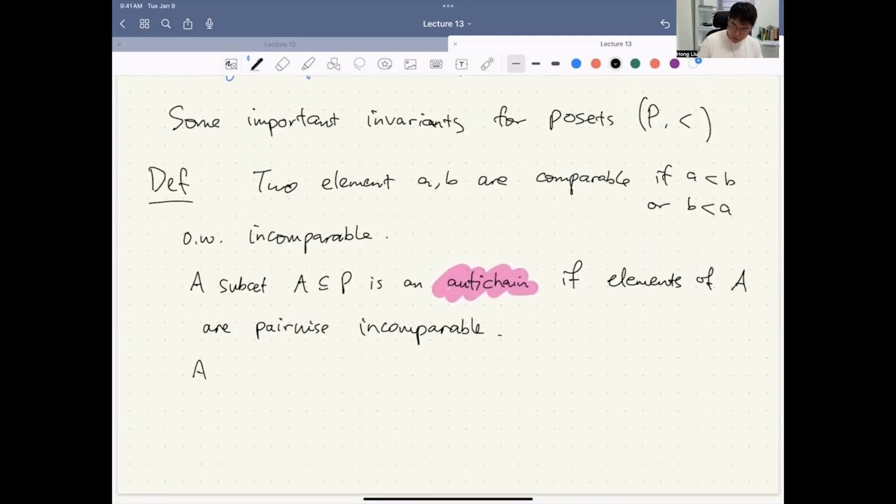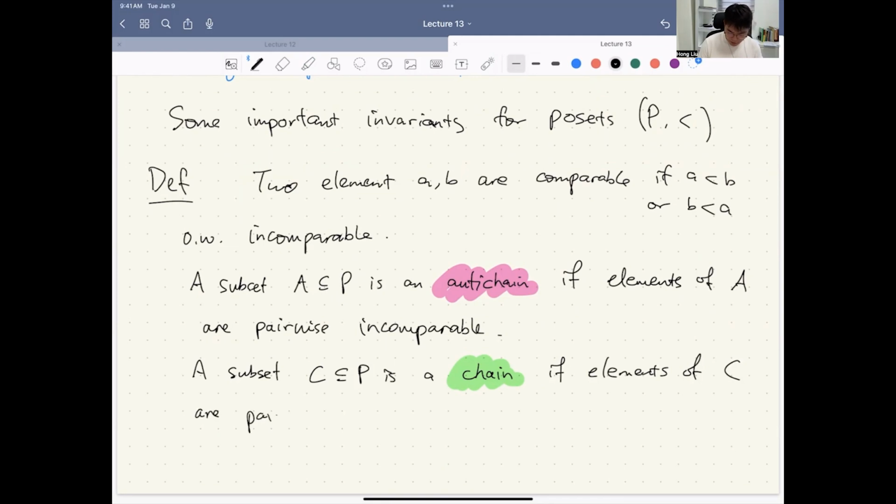And chain is the opposite. They are pairwise comparable. A subset C in P is a chain if elements of C are pairwise comparable.